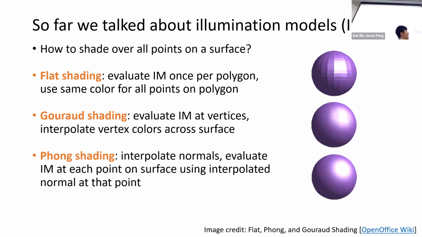So Phong shading would typically give you the highest quality results, but it does come at the additional cost of having to evaluate the lighting model for every pixel, which can become a bit expensive. But nowadays, with hardware accelerators like GPUs, which can massively parallelize calculations across many compute cores, implementing the Phong model is actually not too slow. We can parallelize a lot of these lighting calculations for every single pixel across lots of cores on the GPU.